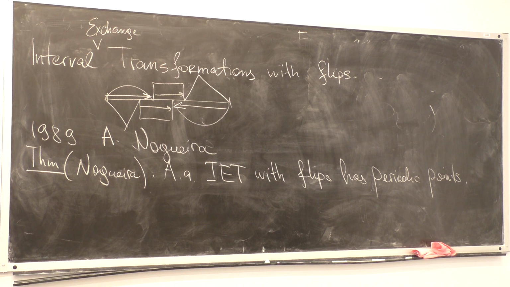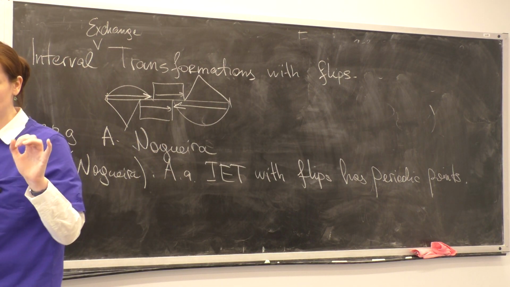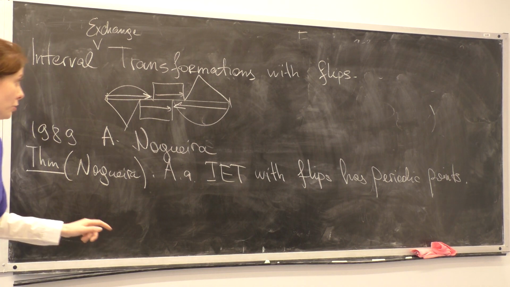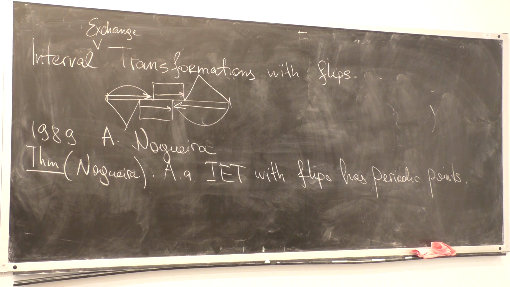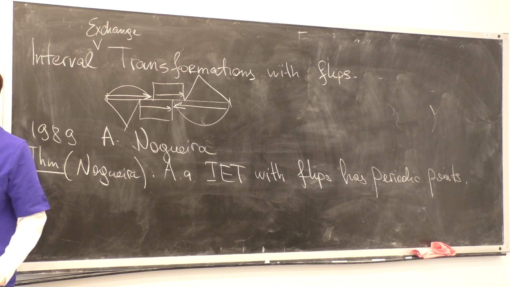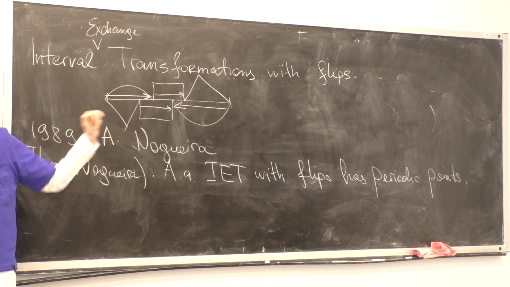And how did he prove his theorem? He observed the following thing: if you have at least one pair of flipped intervals, and this flipped interval is long enough, longer than 1/2 of the interval, then you definitely have a periodic point. And then he showed that at each stage of application of his induction, he will have some positive measure of parameters that provide this kind of interval exchange transformation with a long flipped interval.